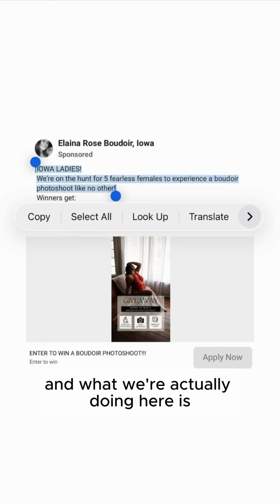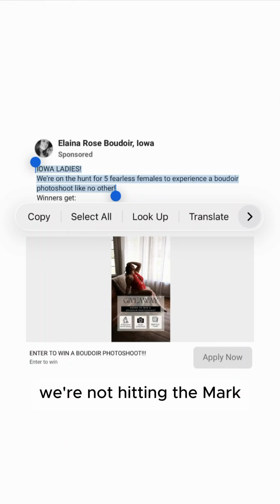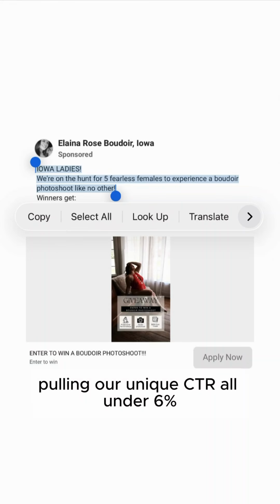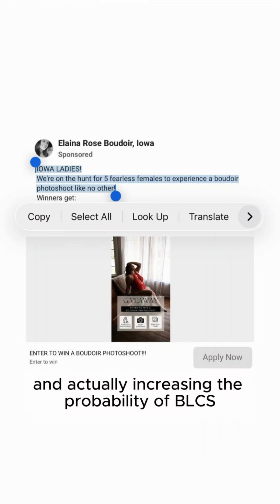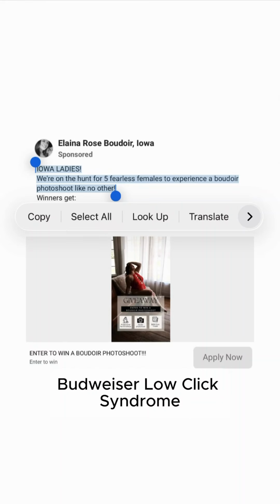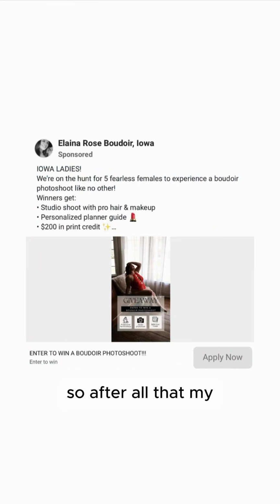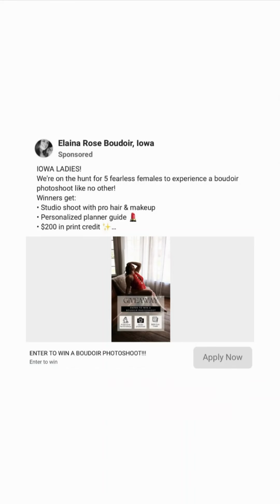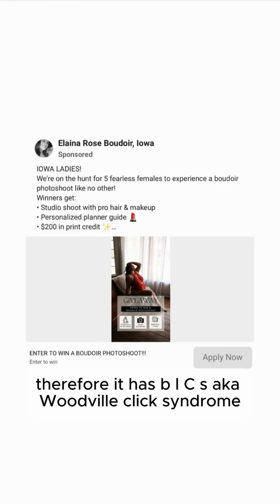What we're actually doing here is not hitting the mark, causing way more women to scroll by our Boudoir Facebook ad than necessary, pulling our unique CTR under 6%, and increasing the probability we have BLCS, Boudoir low click syndrome. So after all that, my diagnosis is I believe this Boudoir Facebook ad has a unique CTR under 6%. Therefore, it has BLCS, aka Boudoir low click syndrome.